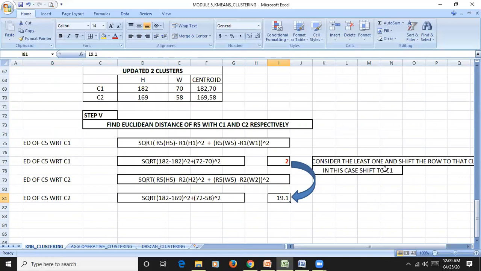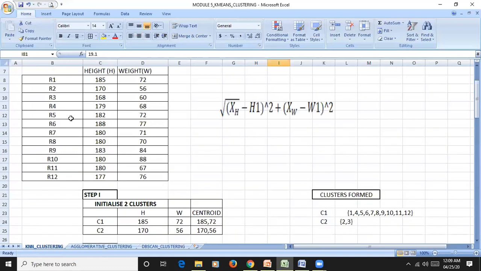Like this, go on continuing for R5, then R6. To which particular cluster does it belong? Immediately find the centroid, and again continue finding the Euclidean distance between the heights and between the weights. The one which you observe as the least value, make that particular entry a member of that particular cluster.